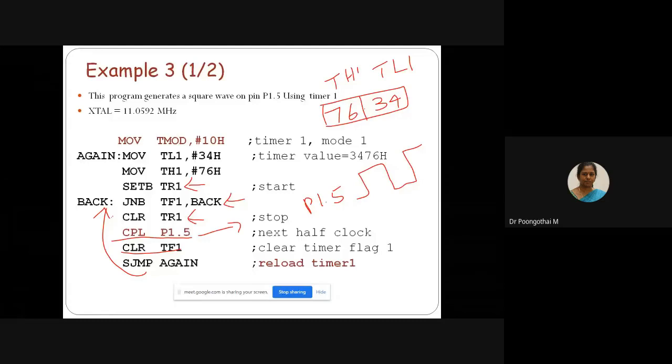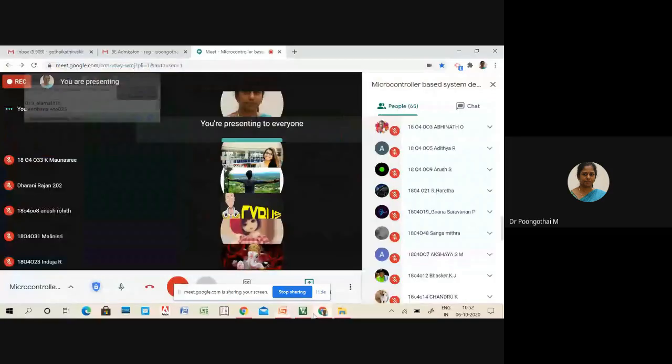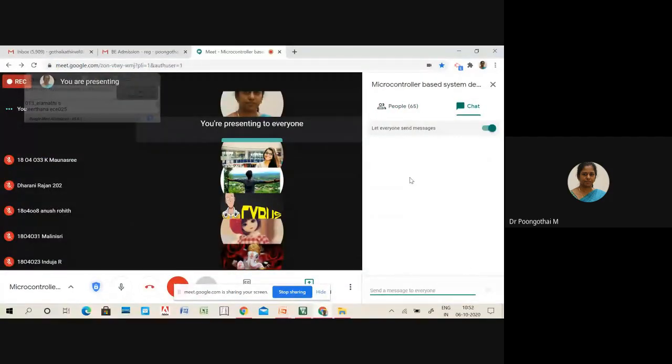And the converted value should be subtracted from 65536. What is the answer?